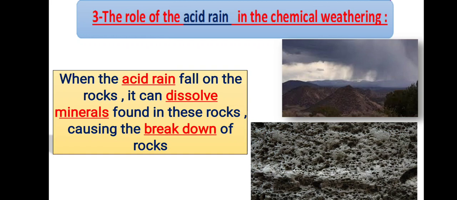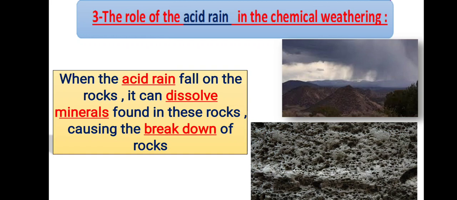Okay, how can the acid rain help in the chemical reaction? When the acid rain falls on the rock, the acid rain can dissolve some minerals, and as we can see in this picture, because of the dissolving of some minerals, the rock will become very weak, and it will break down into very small pieces.